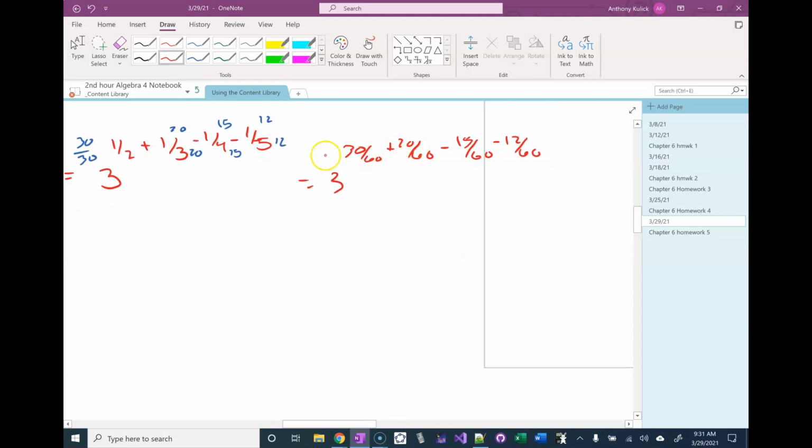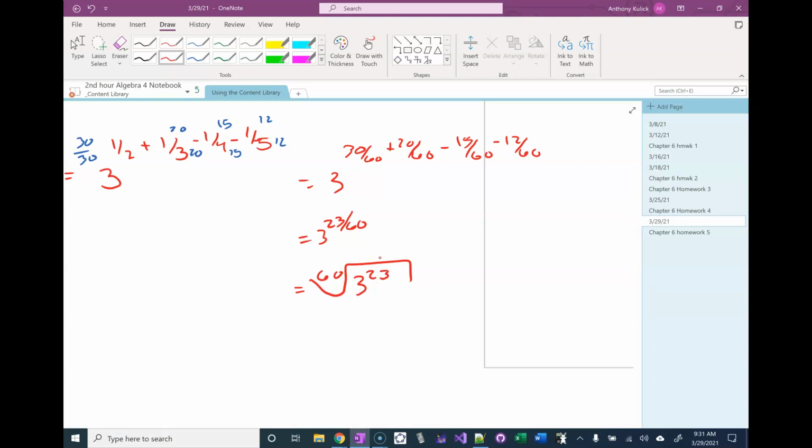So 50 minus 27 is 23. And then that's the 60th root of 3 to the 23rd. And if you wanted to, you could type 3 to the 23rd into your calculator.